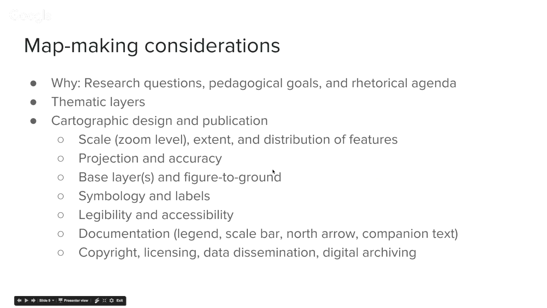What base layers we'll use. We played around with these in Carto a little bit. You need to think about how well they show off or hide or underplay or emphasize the other material you're laying on it. This concept that cartographers talk about of figure to ground. The figure is the thing you want to draw attention to. The ground is the background that needs to be there for spatial reference or context, but is not the primary concern.